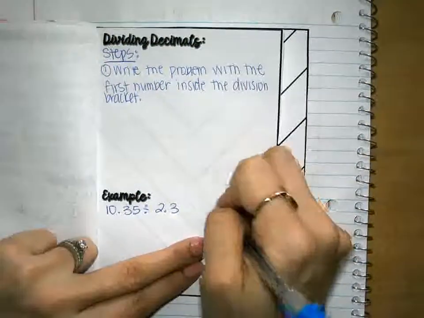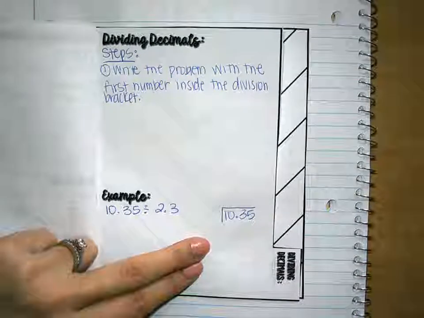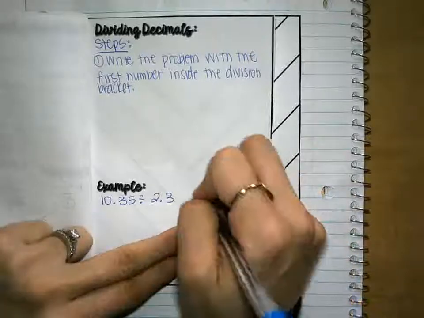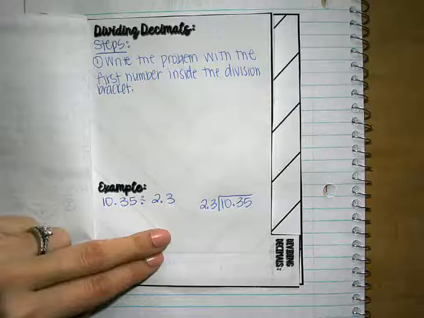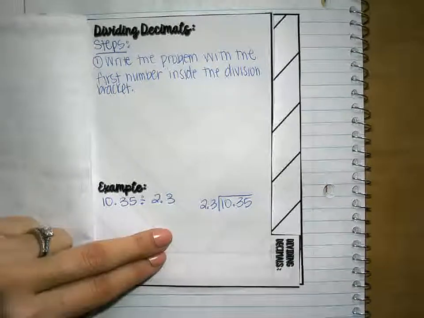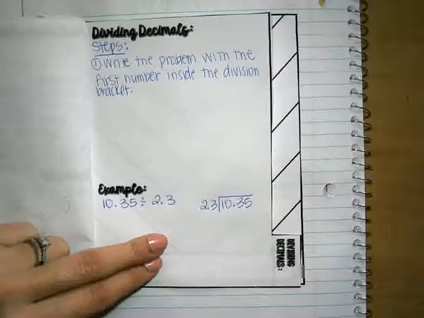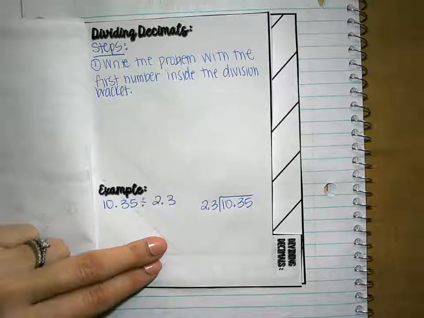So that means I would write 10.35 inside that division bracket, and I would write 2.3 on the outside. Any questions on that part, guys?